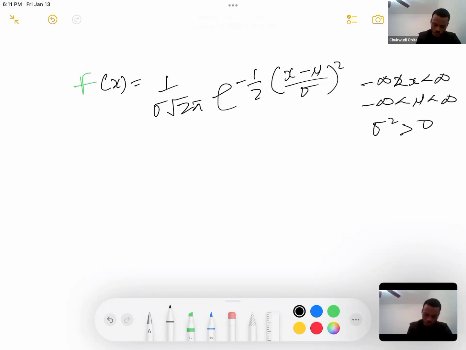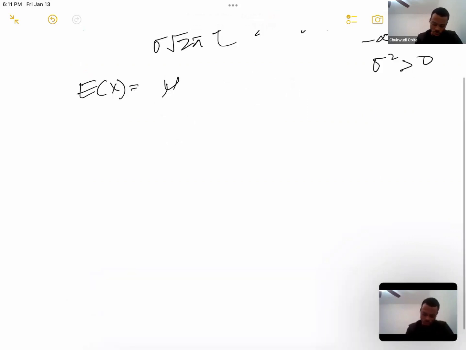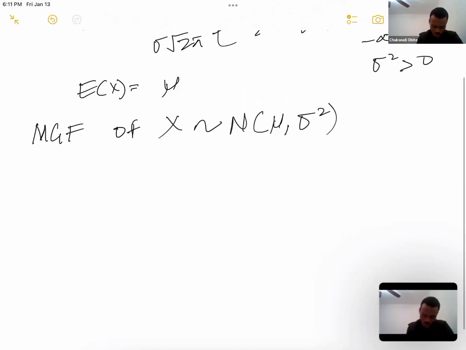In my previous video, I showed you that the expected value of x is mu. So now I want to show you how to solve for the MGF, the moment generating function, of a normal distribution. So MGF of x, where x follows a normal distribution with mean mu and variance sigma squared.